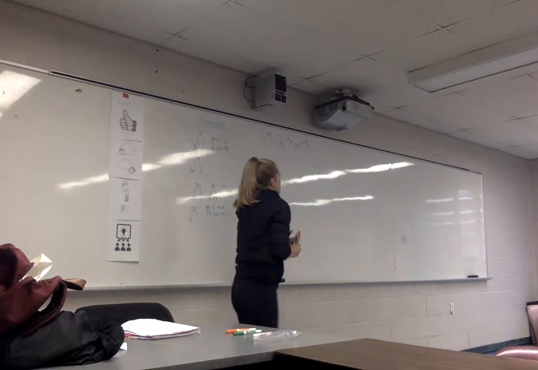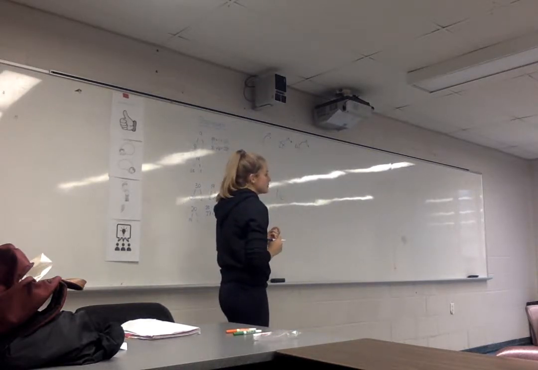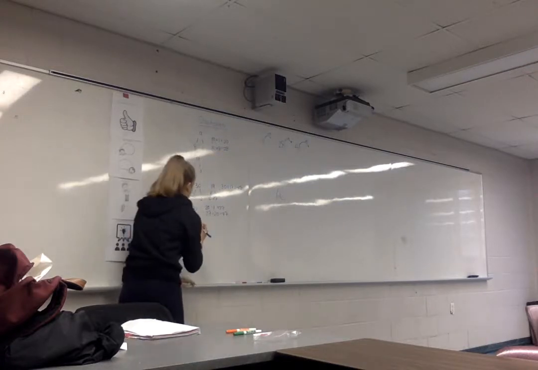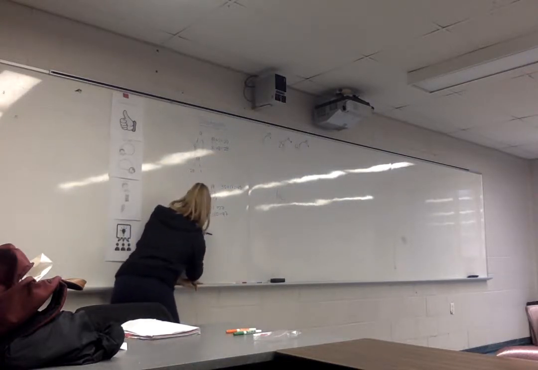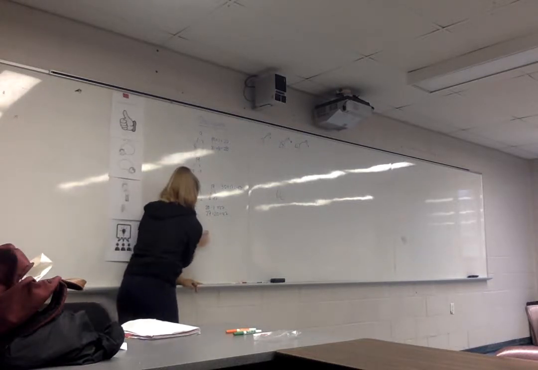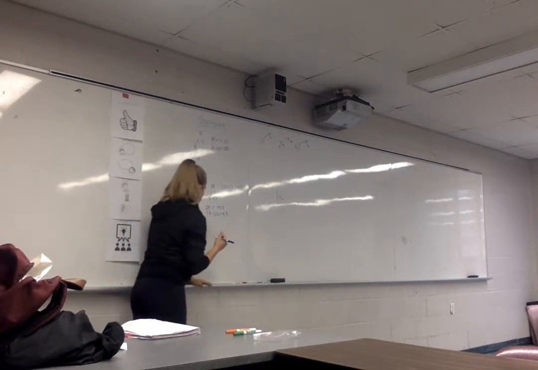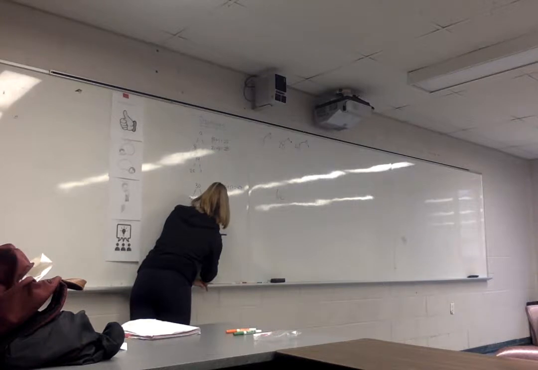First I just took 10 of the 19 and added it to 47. That way I only had 9 left. Okay, so you took 19, put it into 10 and 9. Yeah. And so then I only have 57 plus 9. Okay. So then you added 47 plus 10 equals 57.